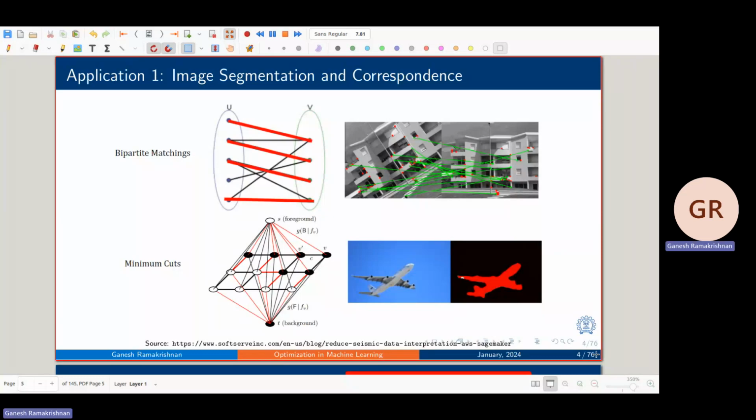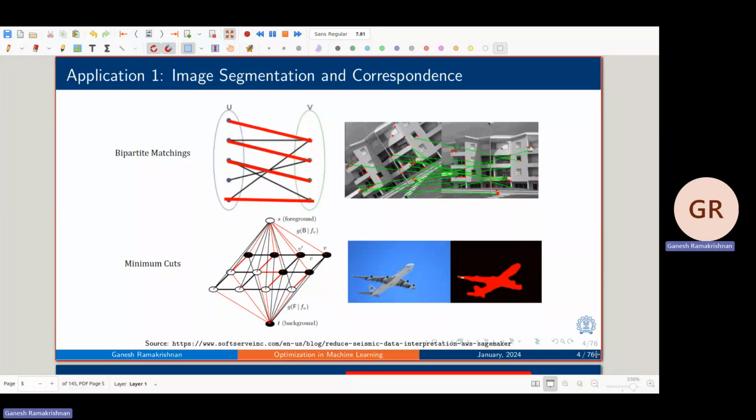Now, what we are trying to do there is we're saying, okay, if there is an image here, on top of the image, I'm going to again create some kind of a source similar to earlier. So I'll list S, and there's going to be a T, which is a sink. But now I'm looking at a different problem. Okay, so my problem is as follows.